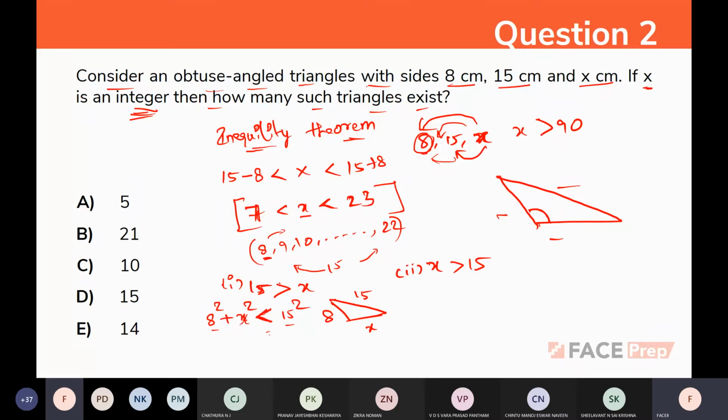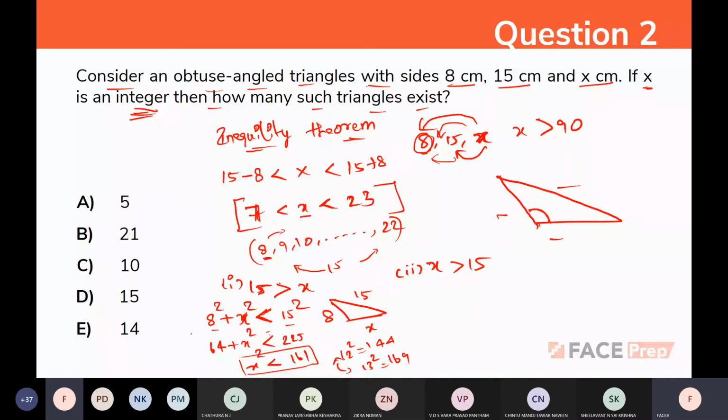Okay, so let's solve it. Here it will be 64 plus x squared less than 225. x squared will be less than 161. Okay, where we can find 12 squared will be 144. 13 squared will be 169. So 161 lies between 12 squared and 13 squared.